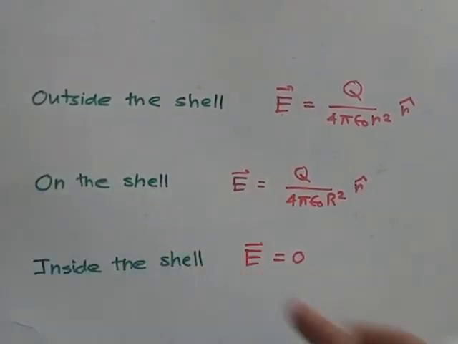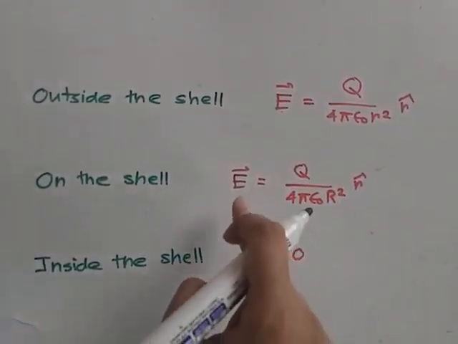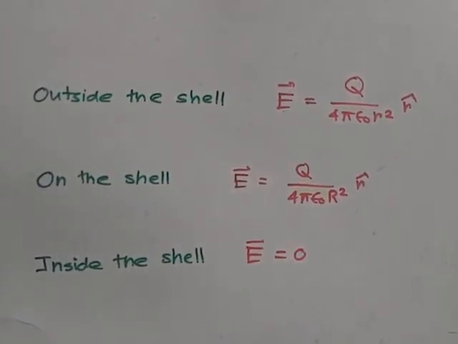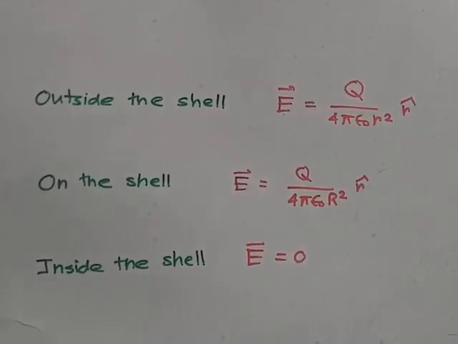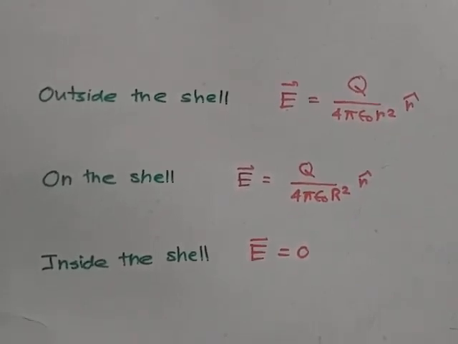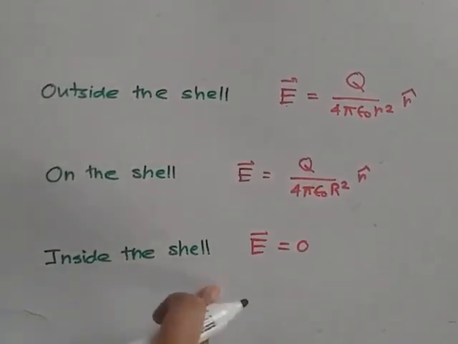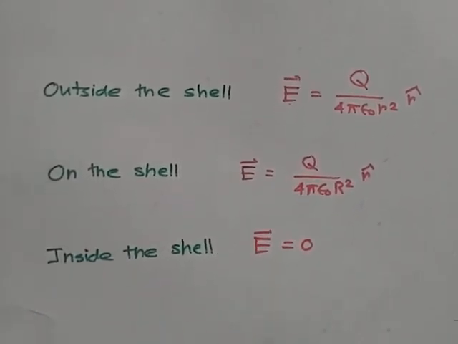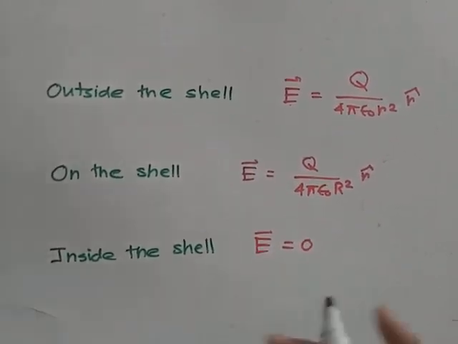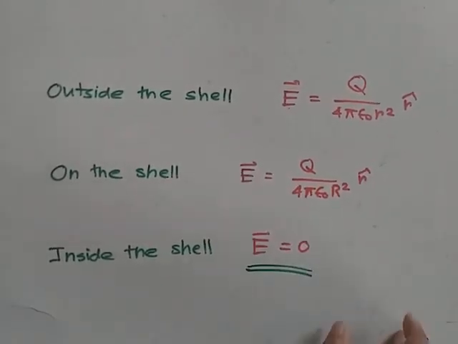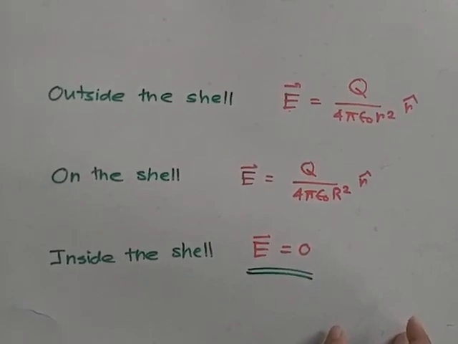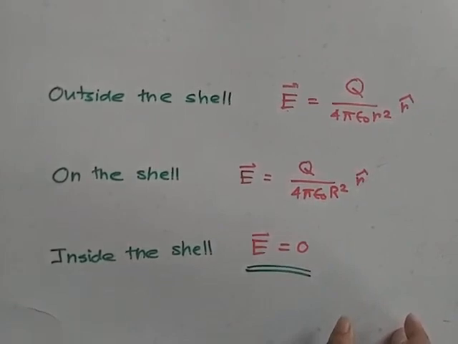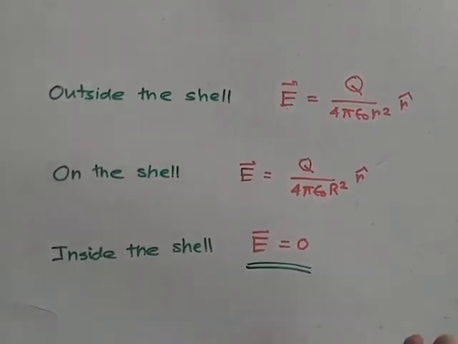And if the point is on the shell, then electric field intensity is equal to Q divided by 4 pi epsilon naught capital R square R cap, where capital R is the radius of the thin spherical shell. And inside the shell, as there is no charge enclosed by the Gaussian surface, there is no electric field inside the spherical shell. So this is our second application of Gauss's law. In our next video, we will try to solve a few other applications of Gauss's law.